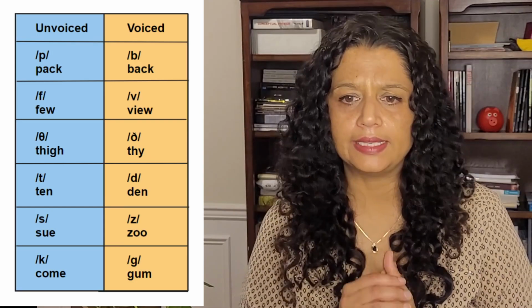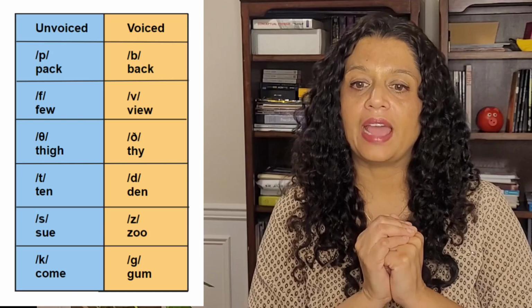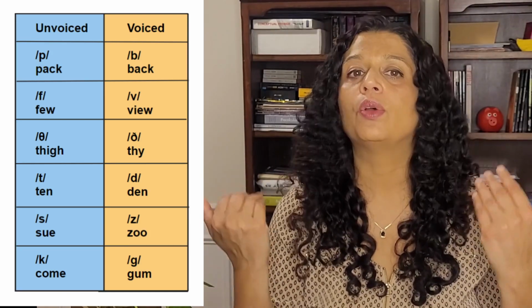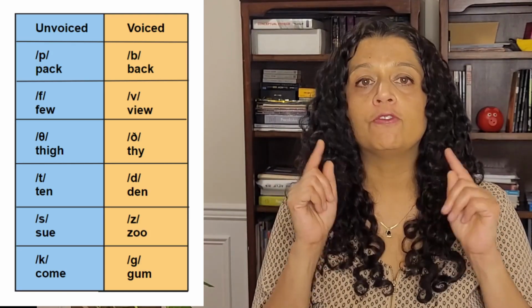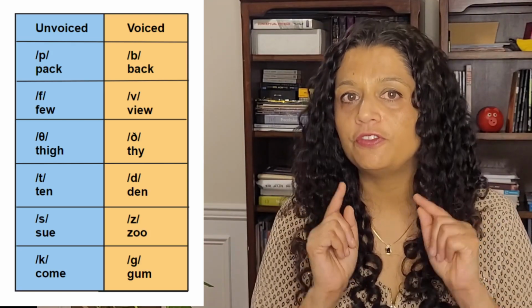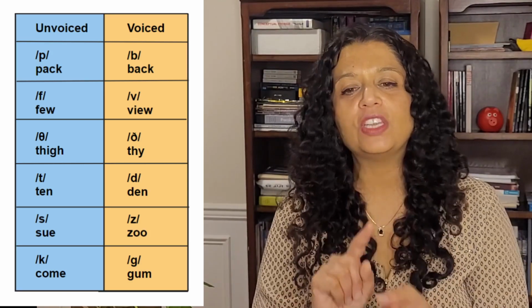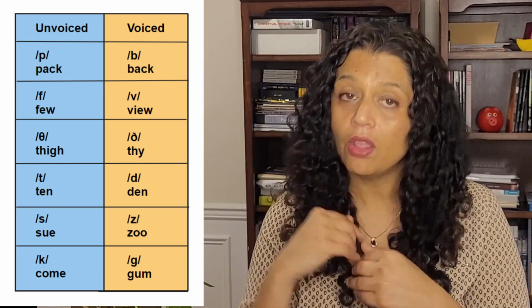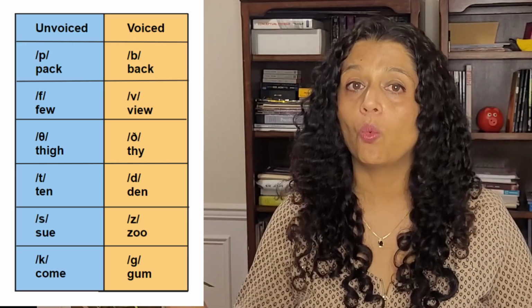So here in this table, we can see pairs of sounds that are essentially produced the same way. The only difference is whether your voice is on or off. And remember, voicing is a distinctive feature in English, which means if you switch a voiced sound and put in an unvoiced sound instead, or vice versa, you are creating a completely different word.